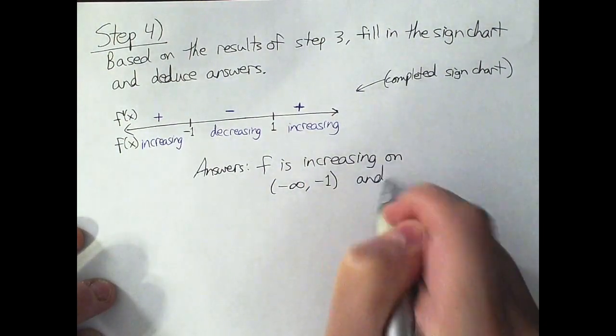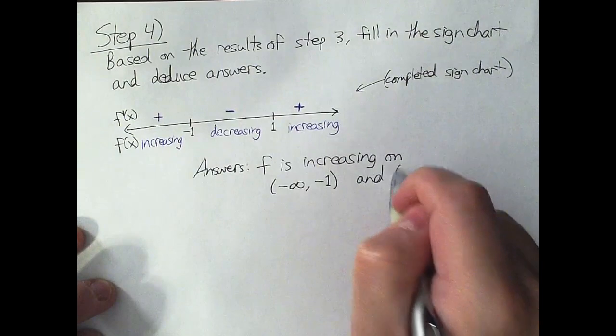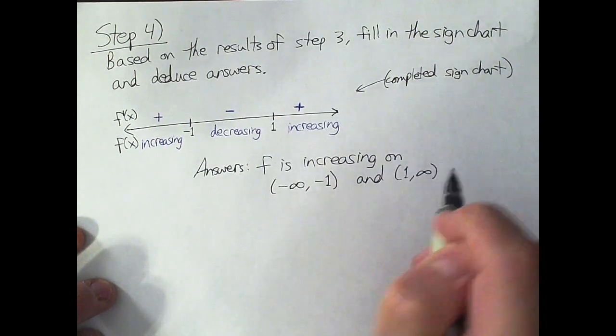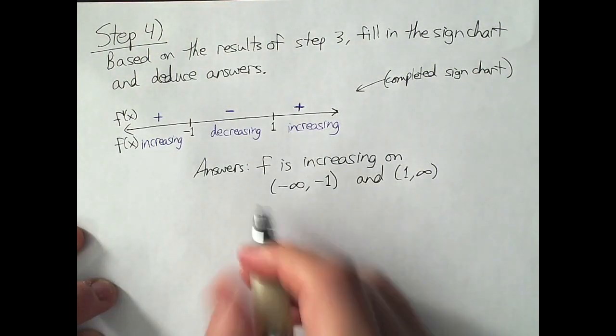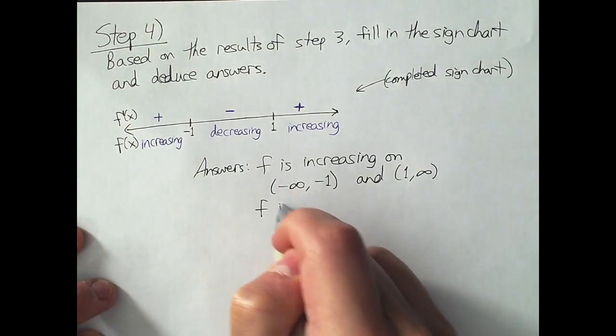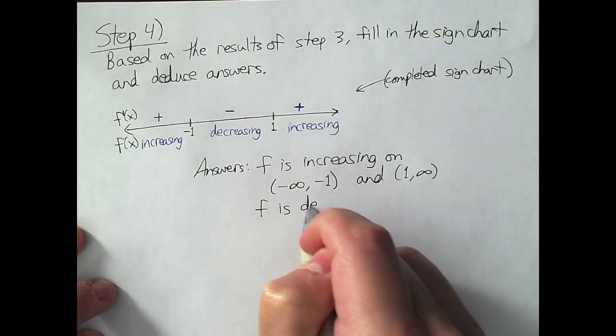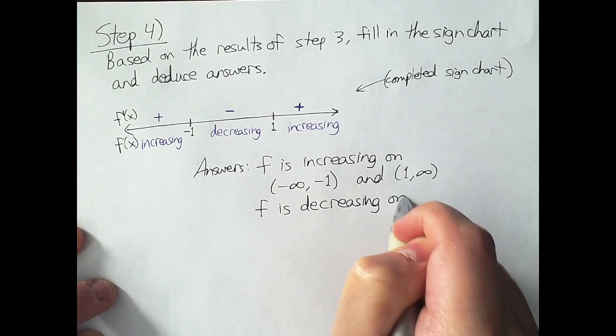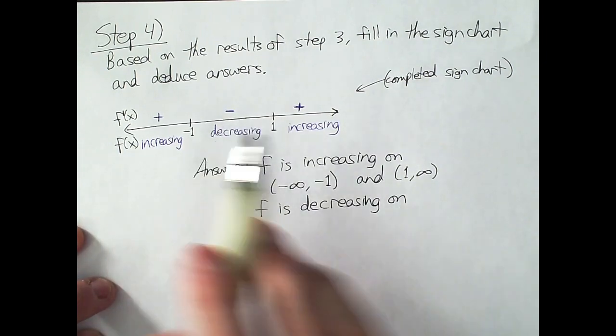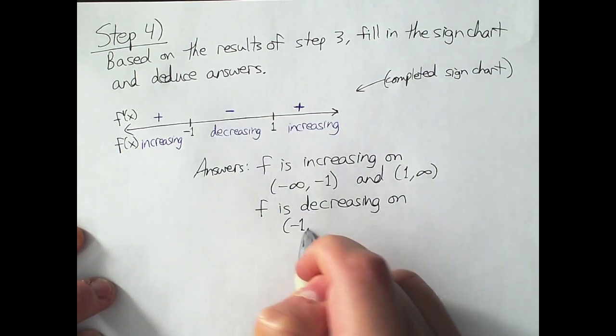And also this third interval, that's 1 to infinity. F is decreasing on this middle interval. That's going to be negative 1 to positive 1.